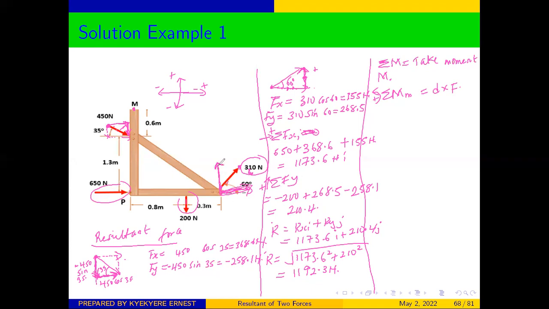So here the y for this force is here. And we know that this is 268.5, and the x component there is 155. Good. And the y component for this side, let me clean so that we can see very clearly.